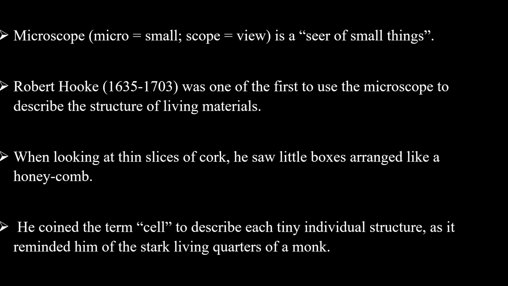Robert Hooke was one of the first to use the microscope to describe the structure of living material. When looking at a thin slice of cork, he saw little boxes arranged like a honeycomb. He coined the term cell to describe each tiny individual structure, as it reminded him of the stark living quarter of a monk.